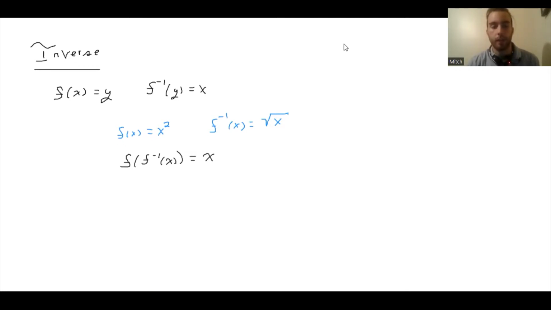If we have f inverse of f of 3, then this is the square root of 3 squared, which is the square root of 9, which is just 3. And so it's just giving us our input back. That's really the whole point of what an inverse is.